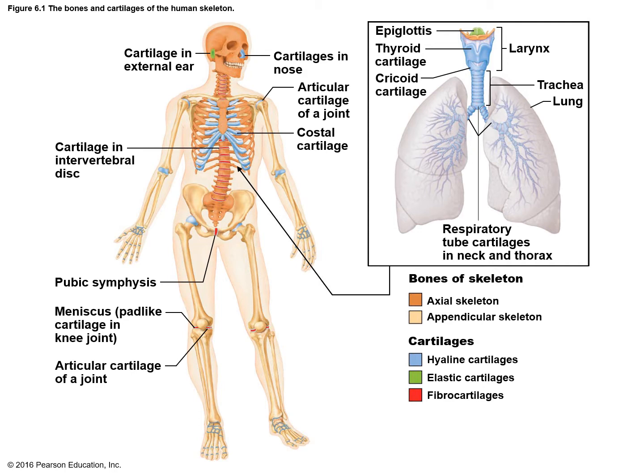You also have color coding for the three different types of cartilage. Blue is the hyaline cartilage, so here you've got your costal cartilage and your articular cartilage in joints. Elastic cartilage, remember, is like in the external ear. And fibrocartilage is a little bit hard to see, but it's right here, between each of the vertebrae as an example.